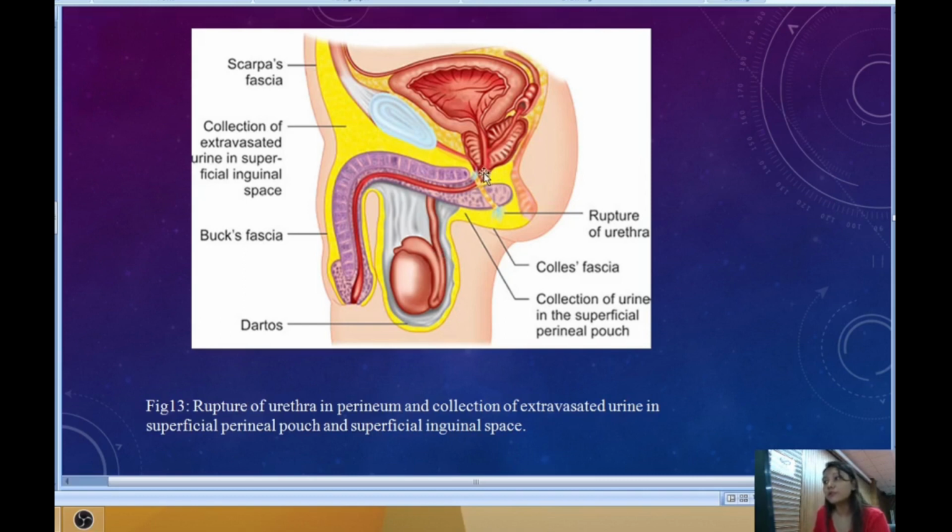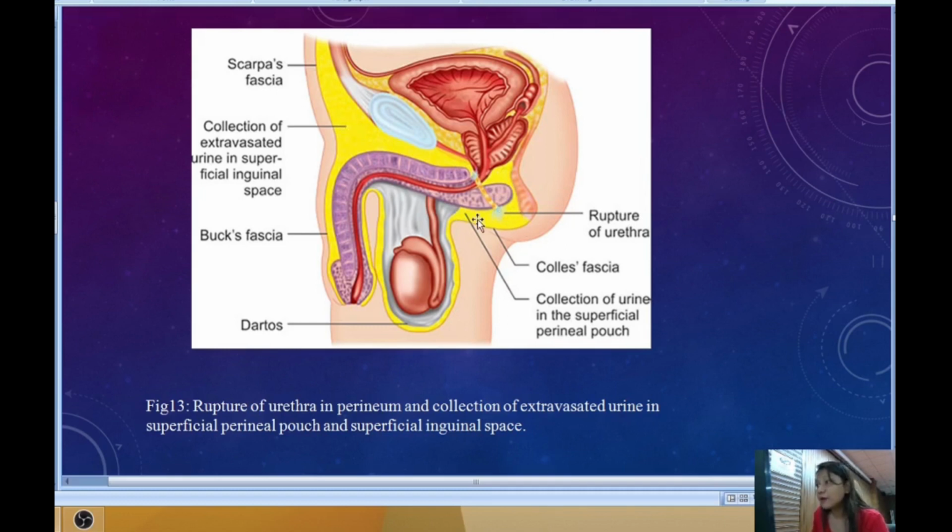If a person has fallen down on the manhole, the person might injure his genital area and also the urethra. There might be rupture of the urethra. If there is rupture in the urethra, the urine will deposit in the superficial perineal pouch.